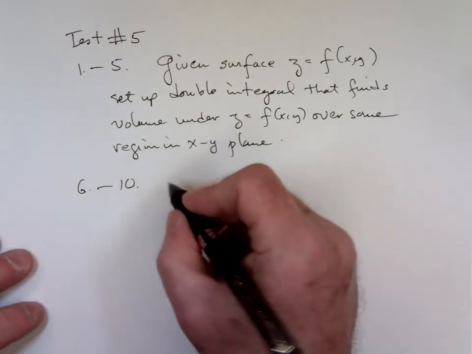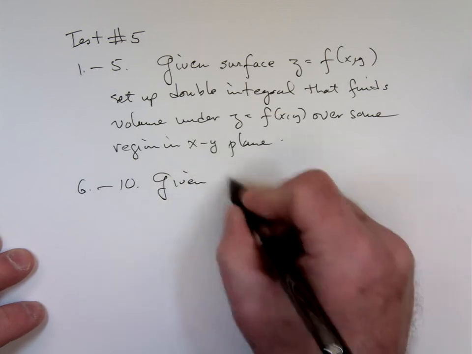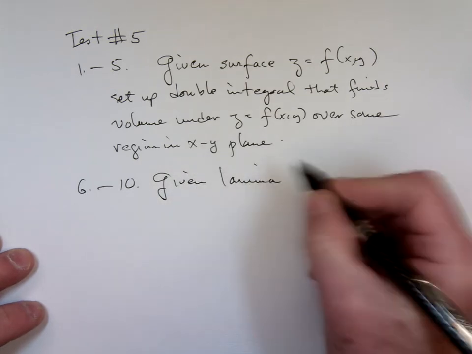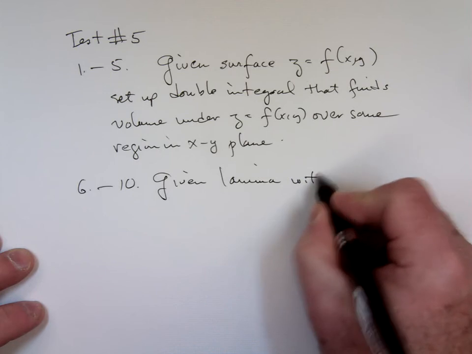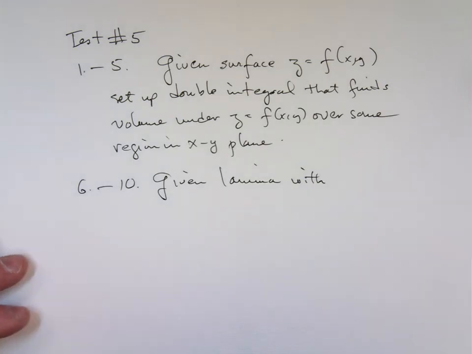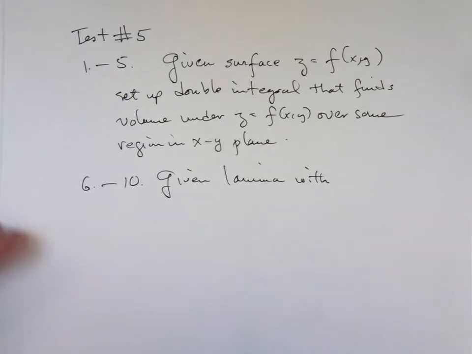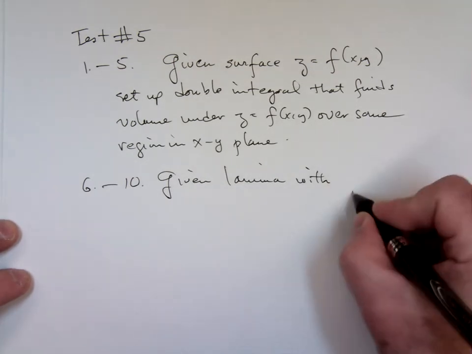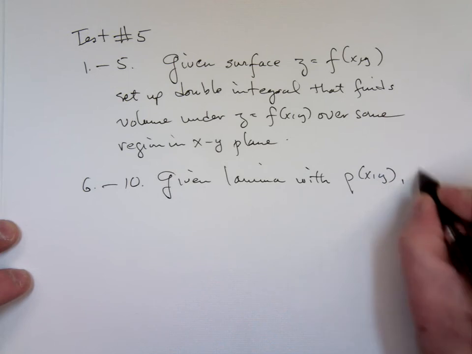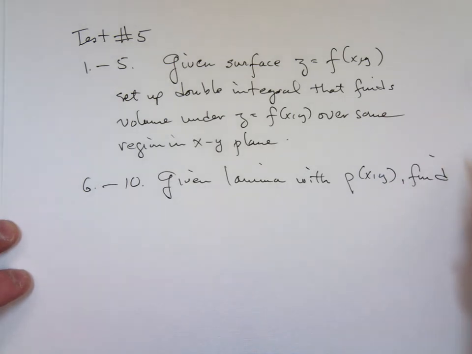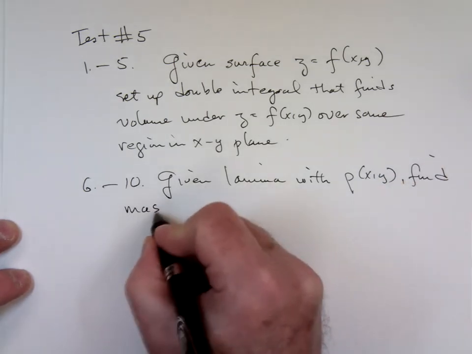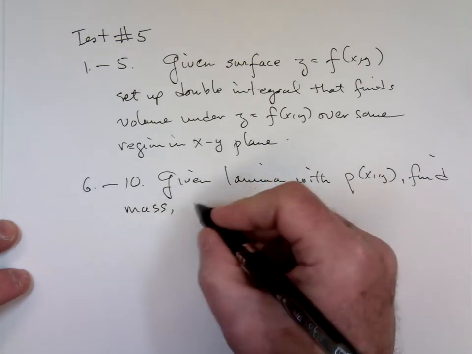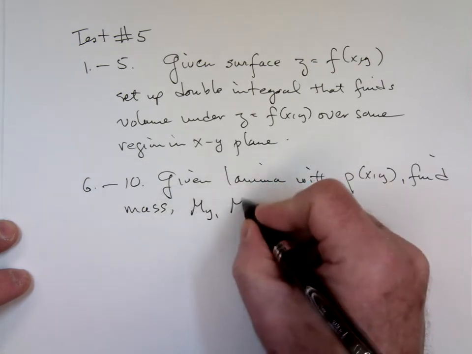Given a lamina with a certain density function, I'm going to ask you to find things like mass, moment about the y-axis, moment about the x-axis.